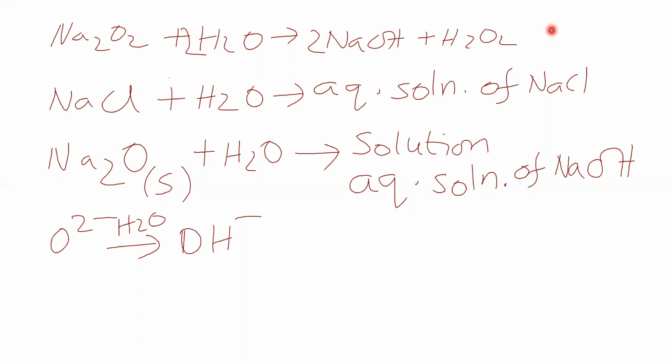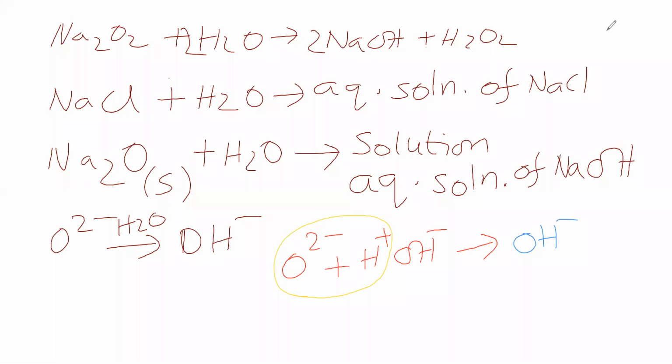Now we will take this oxide, and we are writing water as H plus OH minus. Now we will say this oxide takes H plus from water and becomes OH minus.